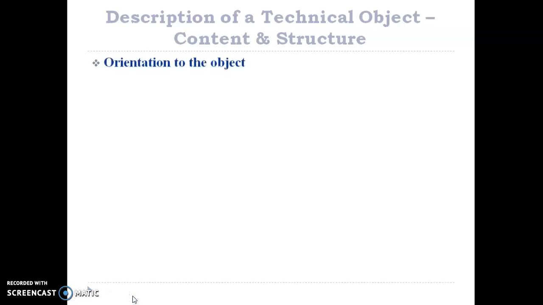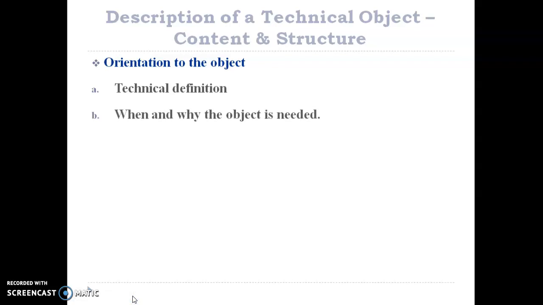The first section is in the beginning of the description of an object. As a writer, we should give an orientation to the object. Now, orientation is basically like introducing the object. So in the introduction, first we include a technical definition, and when and why that particular technical object is needed.